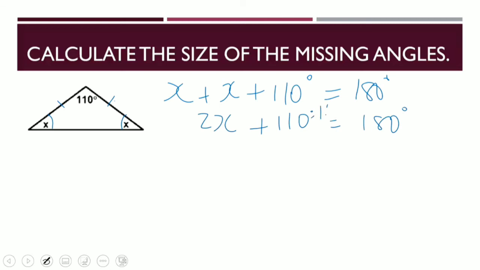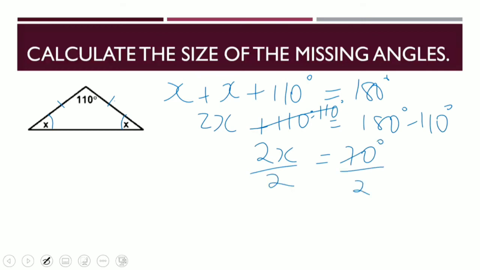We will subtract 110 degrees from both sides, and so we have 2X is equal to 70 degrees. We are not done because we have not found the value of X. So you continue solving until you have found the value of X, which would be 35 degrees.